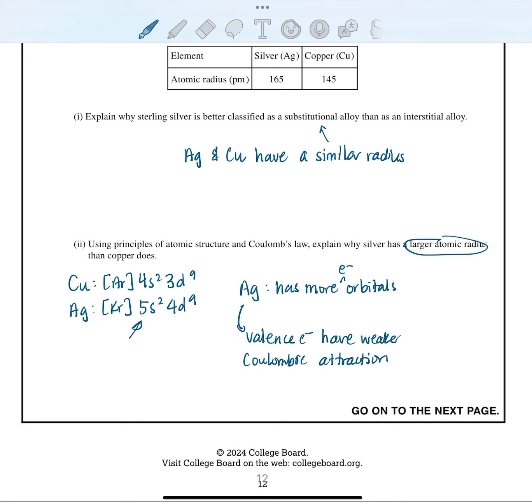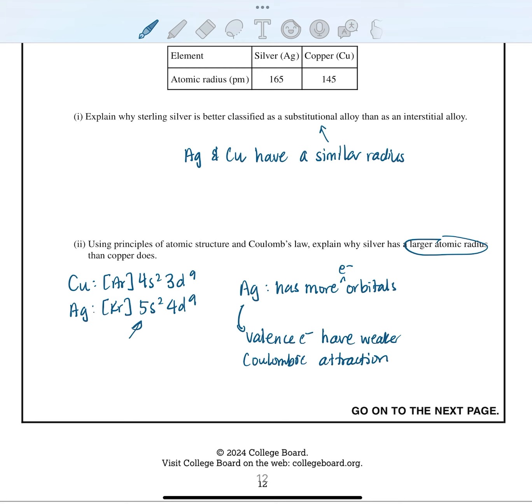There's not going to be as much of what we call a proton pull, where if the protons and valence electrons are very attracted, it pulls those electrons in, shrinking the radius. But if I don't have a very strong Coulombic attraction, those electrons are going to be puffed out a little bit more, which also contributes to its larger radius.